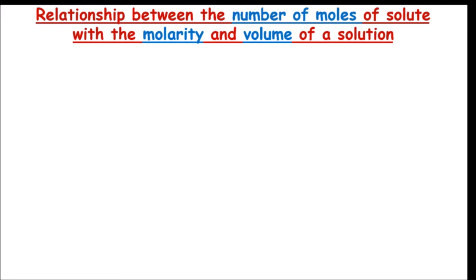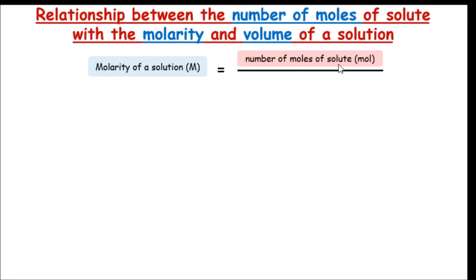The molarity of a solution, the unit is mole per dm cube, but we can also write it as capital letter M. Molarity of a solution is equal to the number of moles of the solute divided by the volume of the solution in dm cube.